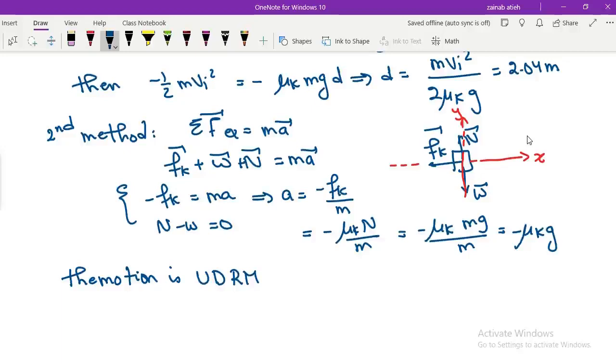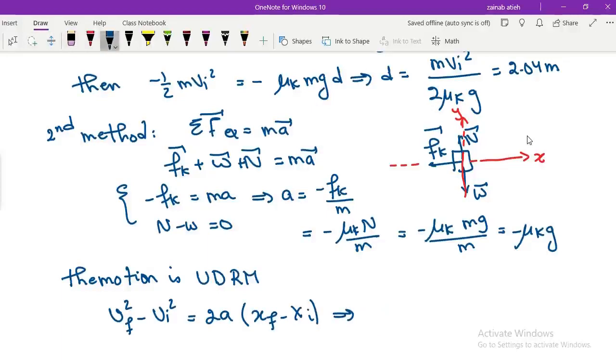Because I'm searching for the distance, and I don't have time and don't care about time, I will use the time-independent formula: V final squared minus V initial squared equals 2a times x final minus x initial, which is d. V final squared is 0.